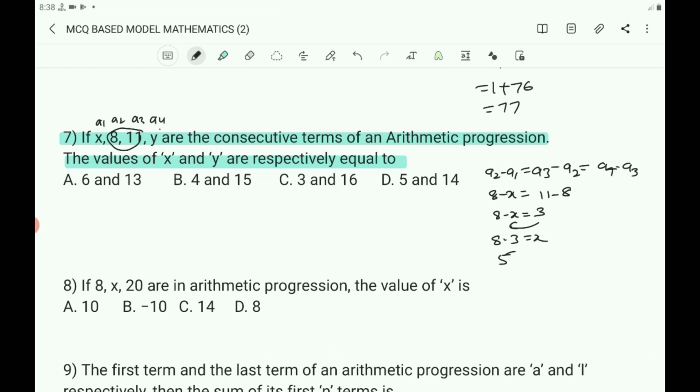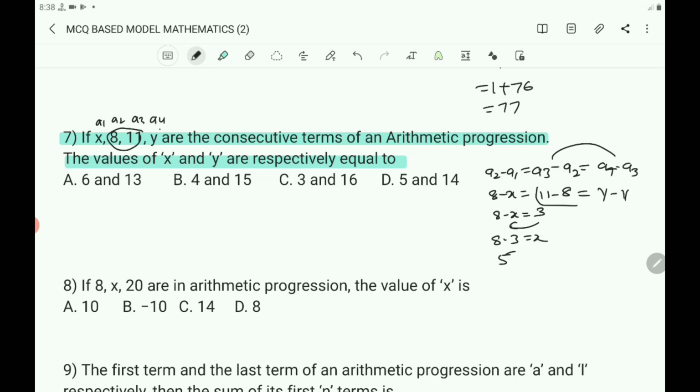Next we have to find out y. Y is equals to, use this relation, because y is A4 here. That is 11 minus 8 equals A4, that is y minus 11.